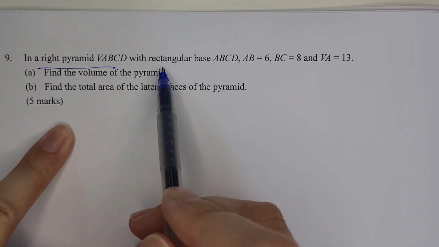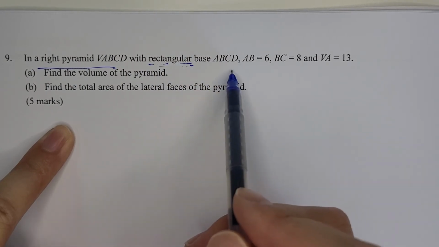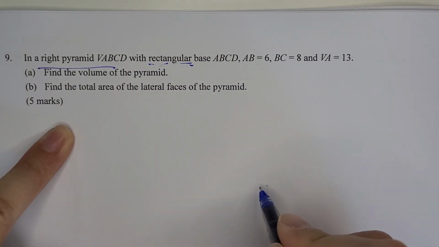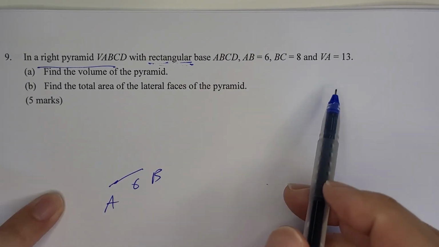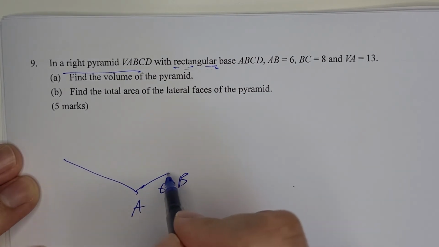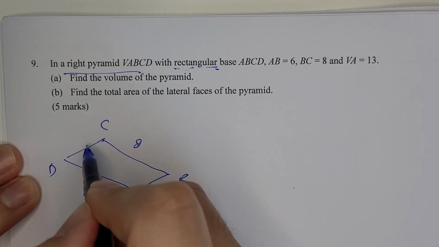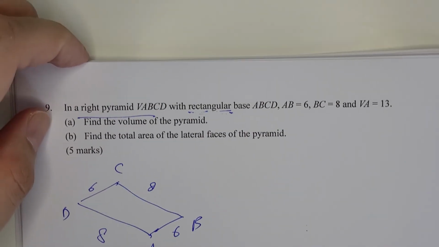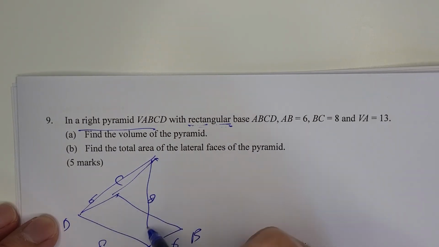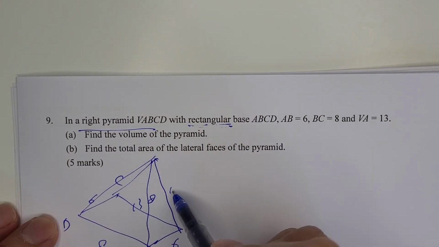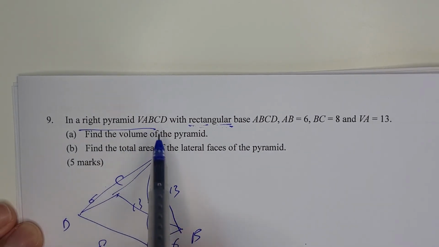With a rectangular base, ABCD, AB 6, BC 8, okay, you may draw something like this. And VA, suppose at the top here, 13. All the rest of them are also 13 because it's a right pyramid, okay?